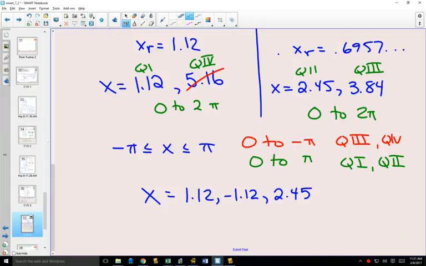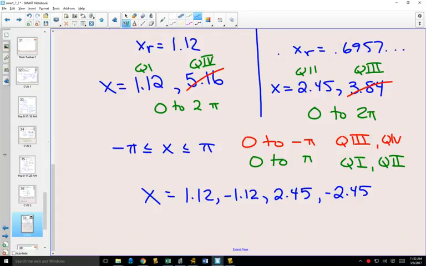Well, if you use that same reference angle, can you see that you would be going into the second quadrant in the negative direction? And so it's going to be equal to negative 2.45. And now we've solved all of our answers. I'll put a little red line through this one because this wasn't actually one of our solutions from the domain that they were asking for.